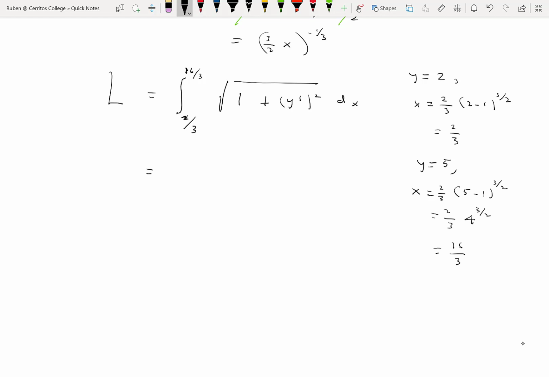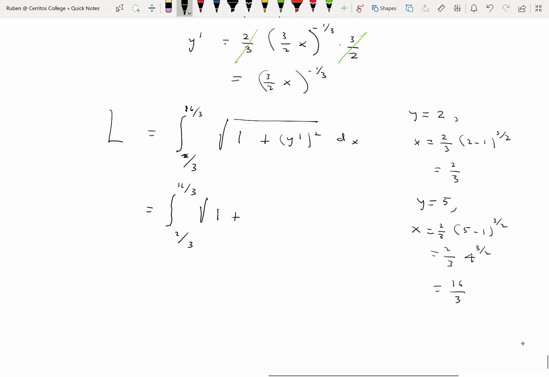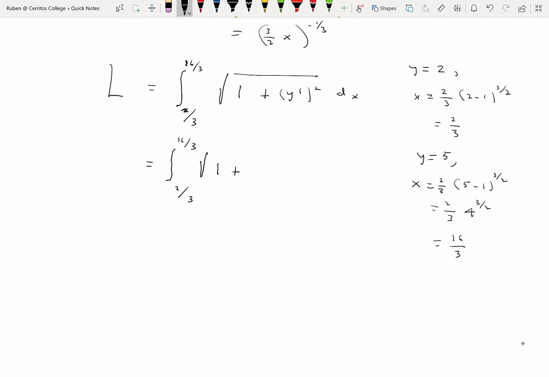Okay, and let's proceed with this. The integral is not looking as simple as the integral that results if we choose to integrate with respect to y. So we get 1 plus the derivative, y prime, is 3/2 in parentheses to the -1/3. So if you square that, you get 3/2 x to the -2/3.